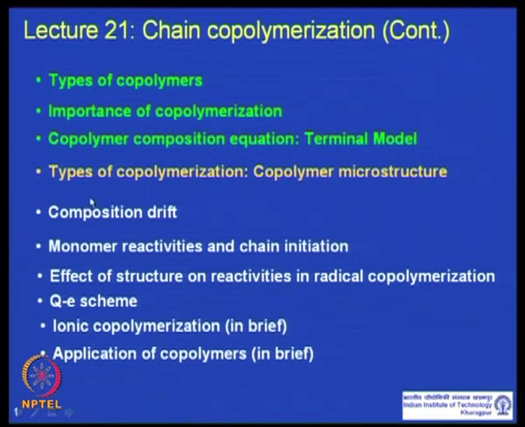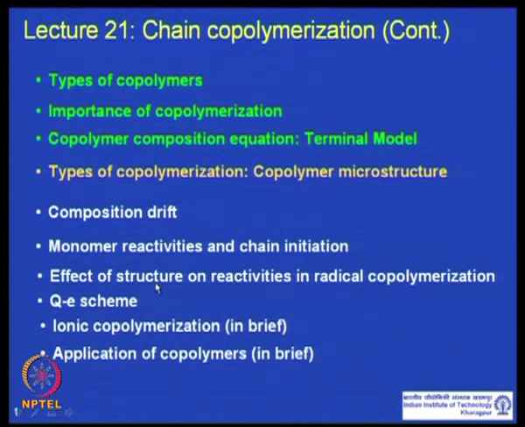today and then move on to composition drift in the copolymer as we go on increasing the conversion in the copolymerization reaction, and then monomer reactivity, how it depends on the different modes of chain initiation.